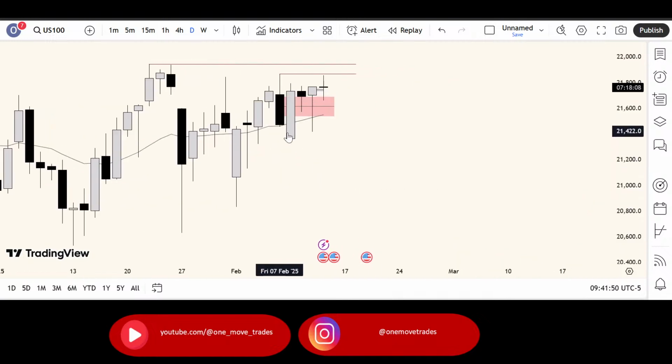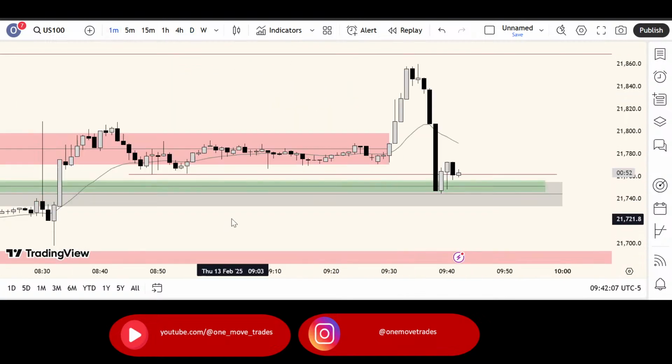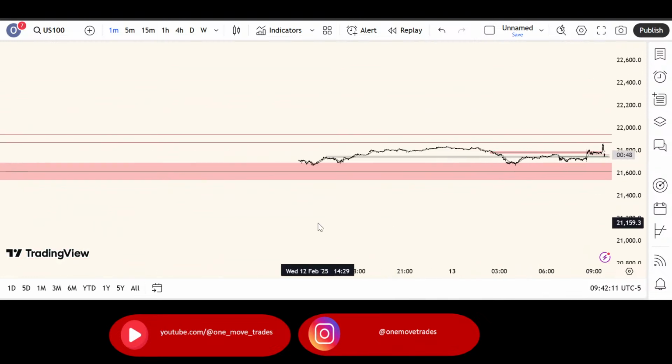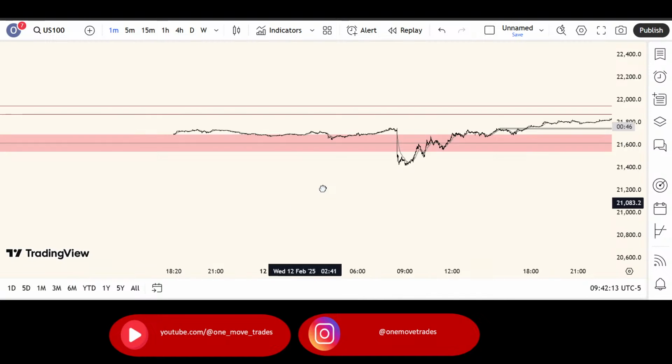On Monday I had this idea that we will take this liquidity. We have this daily no wick candle, so I did have an idea that we will deliver and take this low.